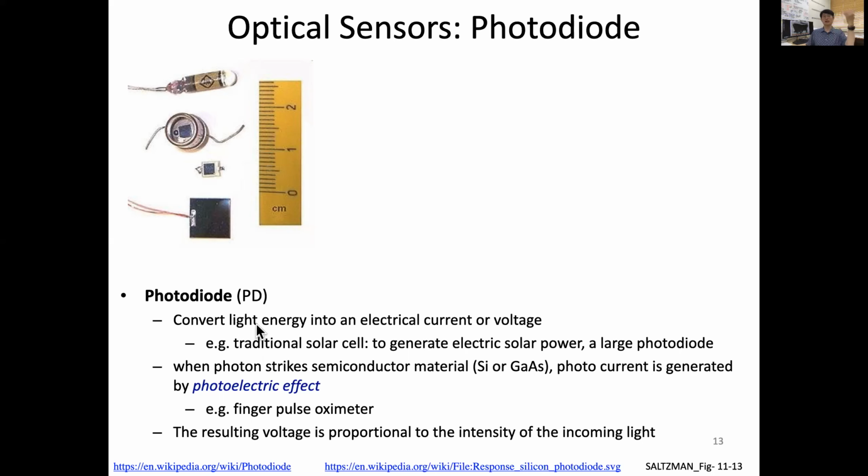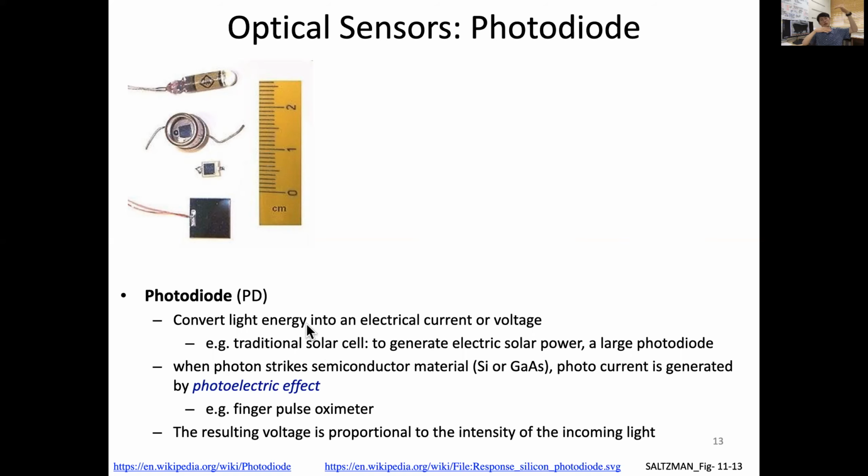They convert light energy into electrical current or voltage based on how we apply our circuit. A good example of a photodiode is actually a solar cell. Solar energy generating electrical solar power is a large photodiode. So that's how you can understand a photodiode.